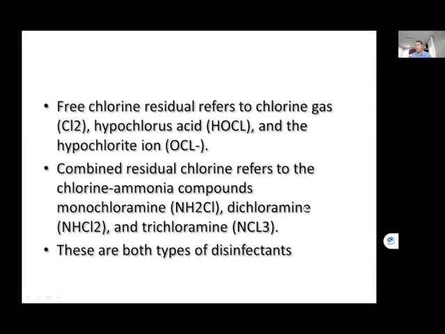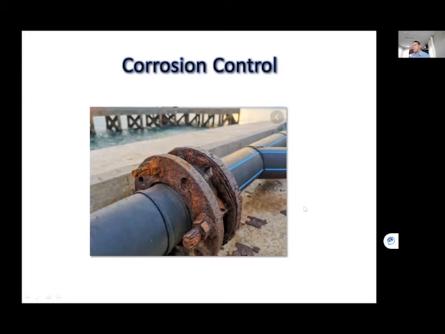You're going to get a lot more DBP formation, but it's also the strongest disinfectant. The combined residual, when you're forming chloramines, is a weaker disinfectant, but it's more stable, and you're not going to form as many disinfection byproducts. Depending on your system, you may prefer one or the other, and that would depend on the DBPs in specific parts of your system.